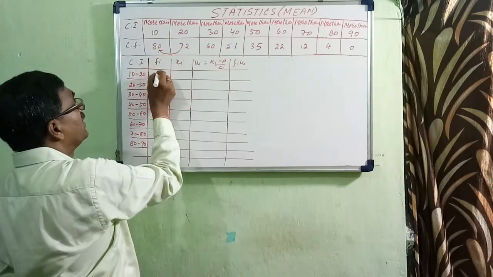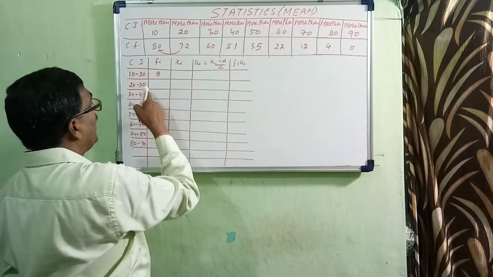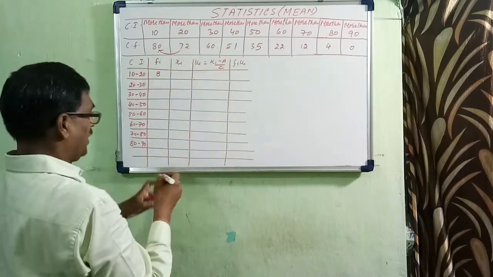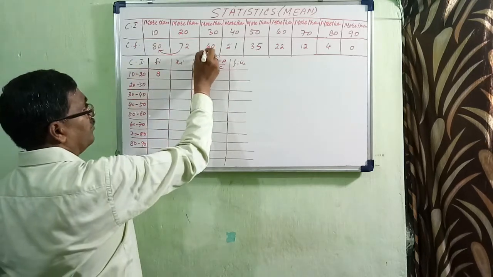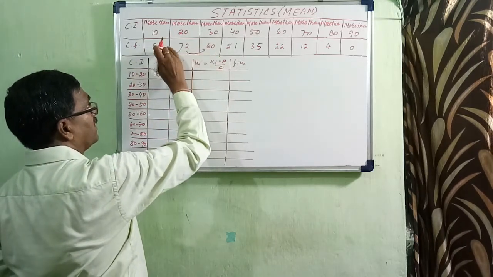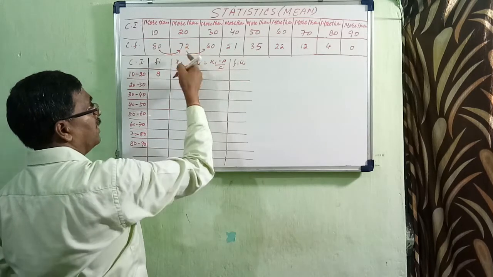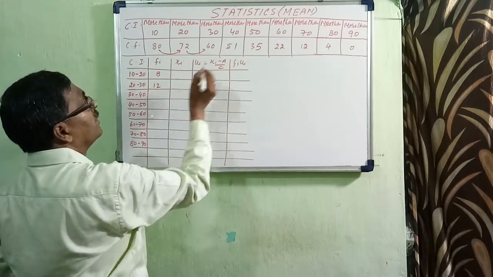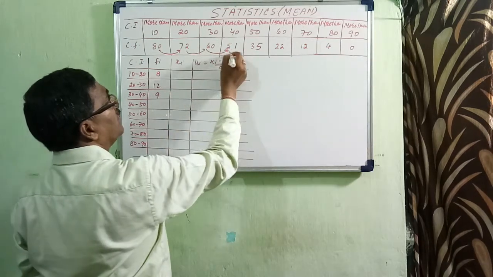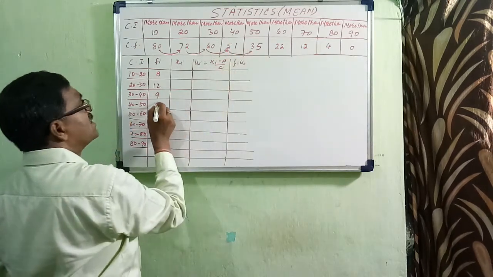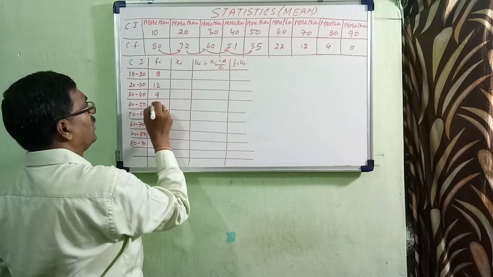So how much is it? It is 8. Then to write the next one, 20 to 30 means from here you subtract, how much is it? 12. Then from here you subtract, it will be 9. From here you subtract, it will be 6 and 4, 3, 1.